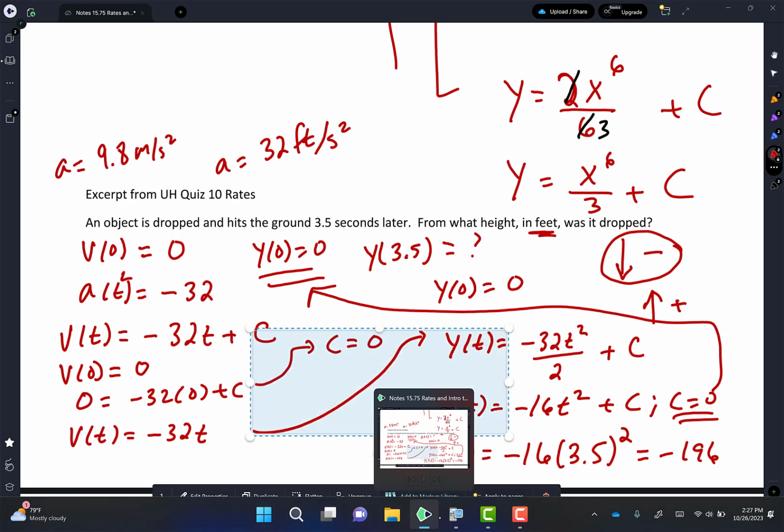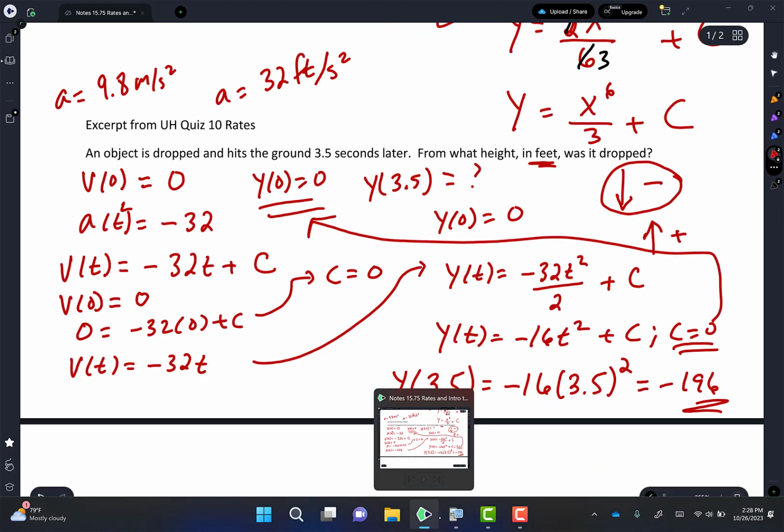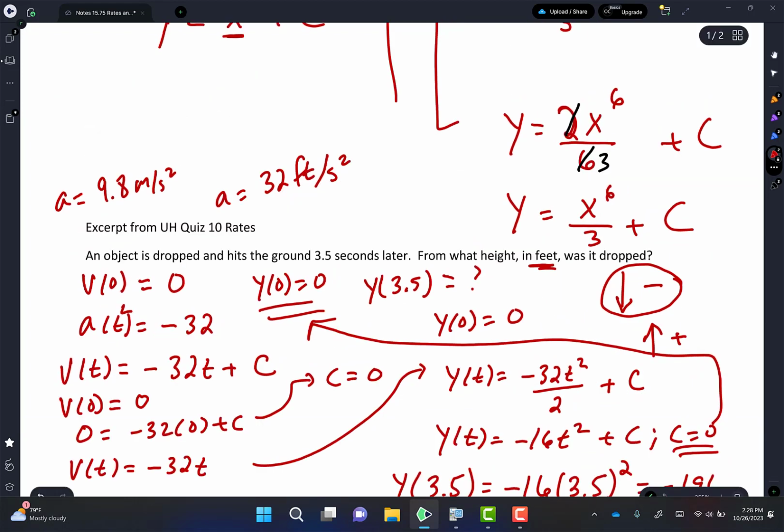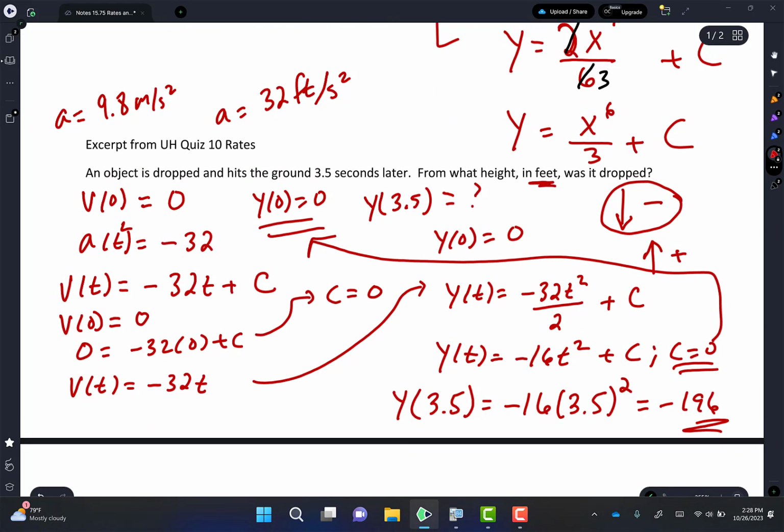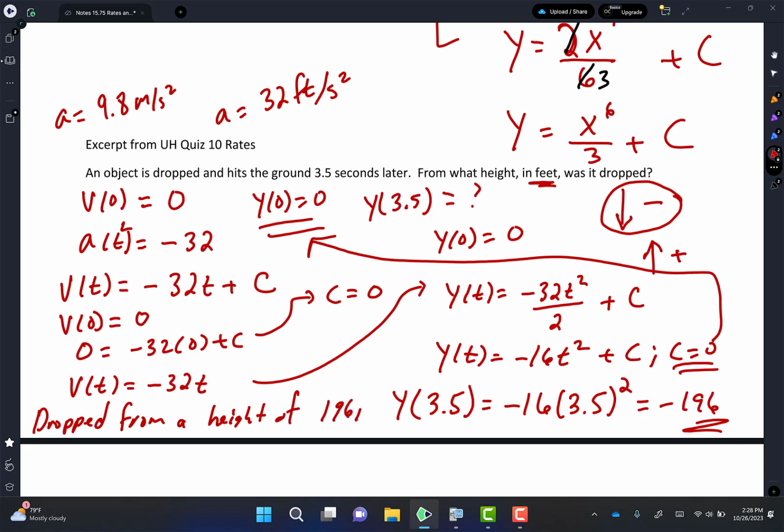You're not going to put that the distance is negative 196. You're going to put that the height it was dropped from was 196, just 196. So context, right? What's going on here? Okay. So I'm going to put dropped from a height of 196 feet. There it is.